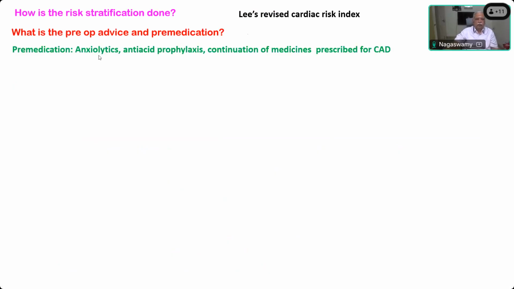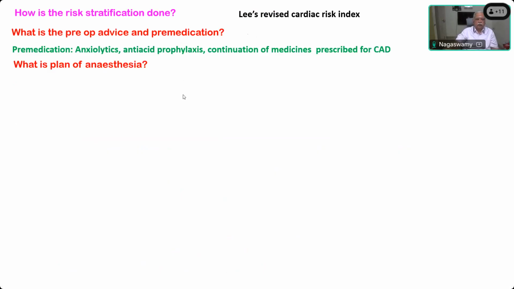Pre-medication consists of anxiolysis, antacids, continuation of medicines prescribed for CAD. This is the usual pre-medication. And pre-op advice will always be how many hours of starvation, and if the patient is a diabetic, what modifications they have to make with their anti-diabetic drugs. All those things you have to tell in the examination.